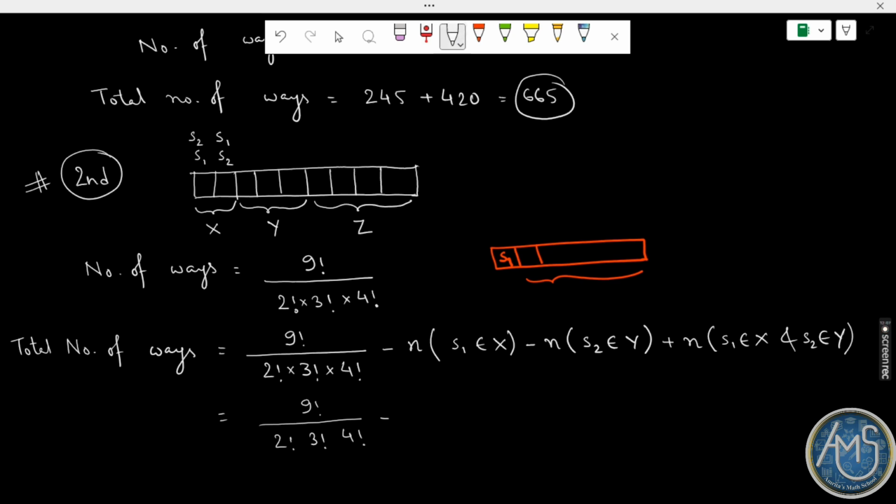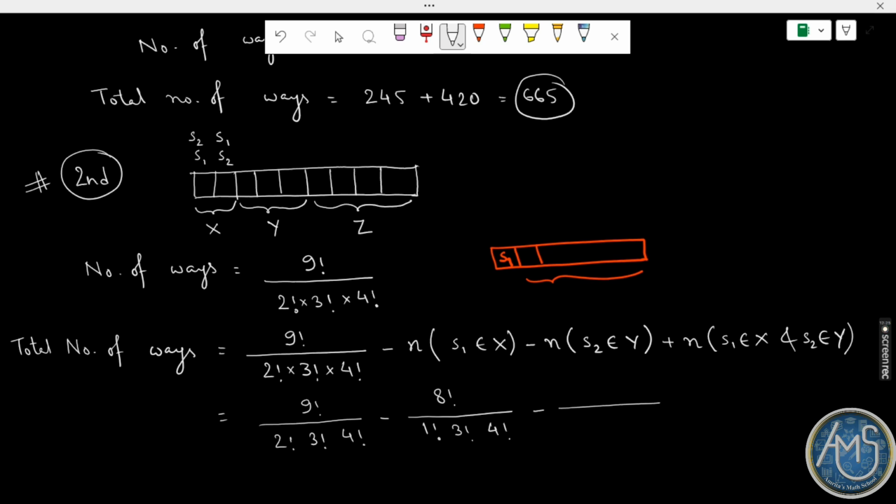Only 8 students. So 8 factorial. For X, S1 is already there, so we can arrange only one place, so 1 factorial. Then for Y and Z there is no condition, so 3 factorial into 4 factorial, minus.